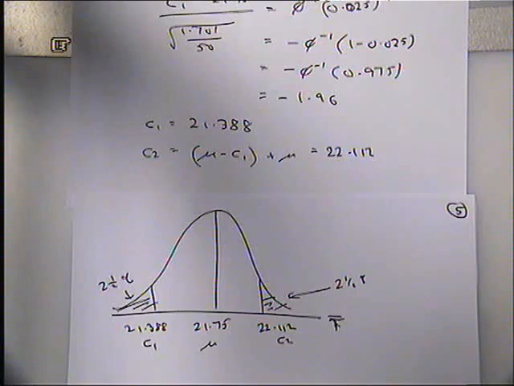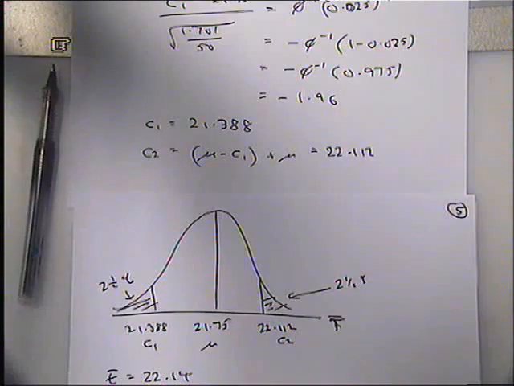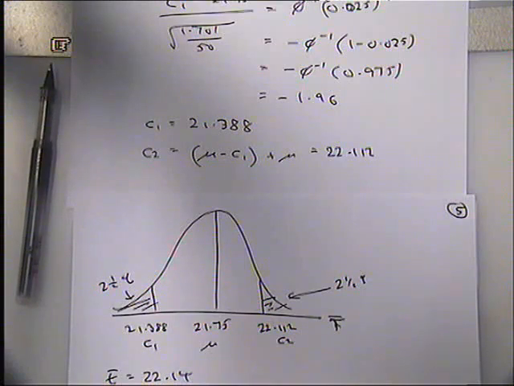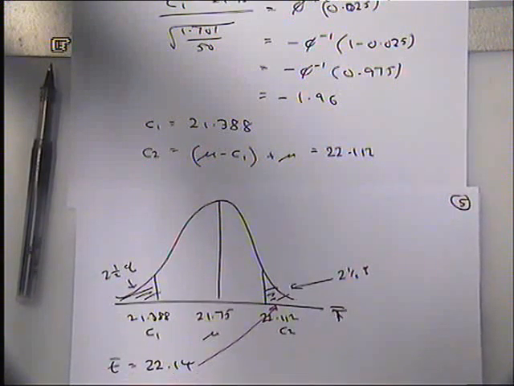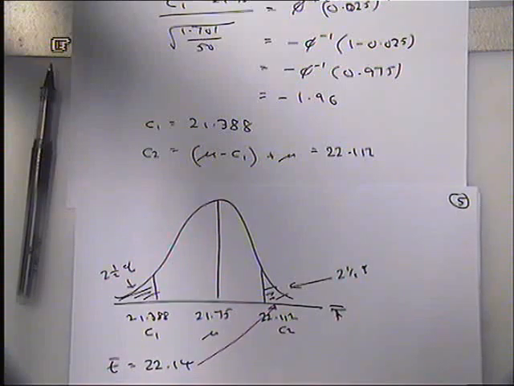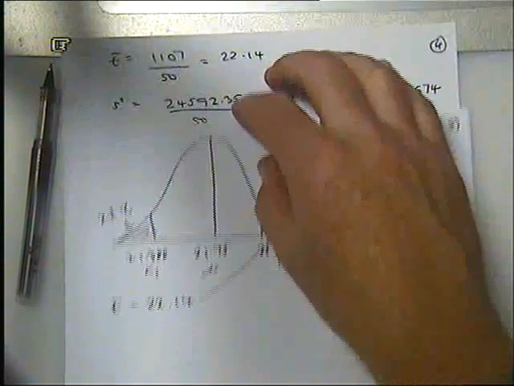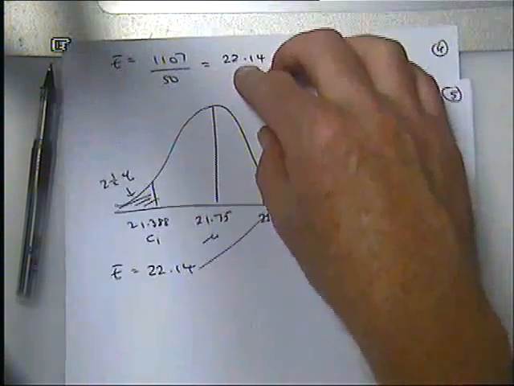I've just put the critical values in it. Our sample statistic, T bar, which we worked out a long time ago, T bar was 22.14. When did you work that out? Okay. We worked that out from T bar was the 1107 divided by 50. If you look at the board, that's the calculation we had from earlier for T bar.